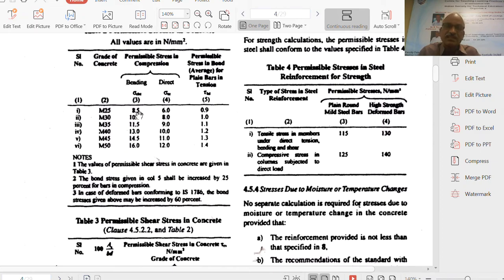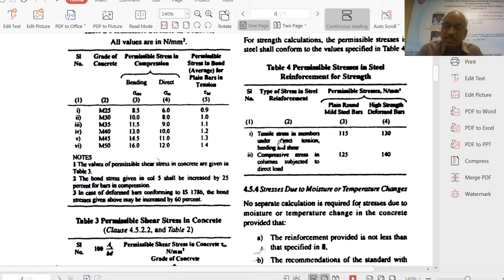For the side walls also, if it is compressive, direct compression is 6 and bending compression is 8.5. These are the allowable stresses. Now the table on the right hand side shows the allowable stresses in steel: plain mild steel bars, and next, high strength deformed bars.